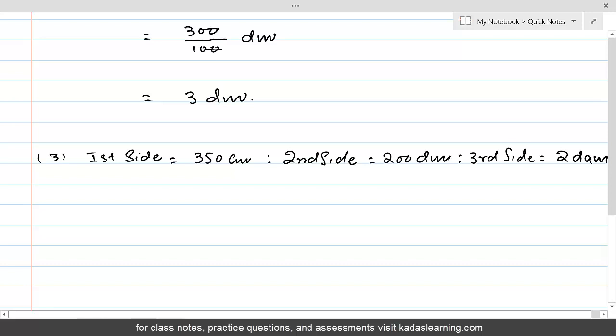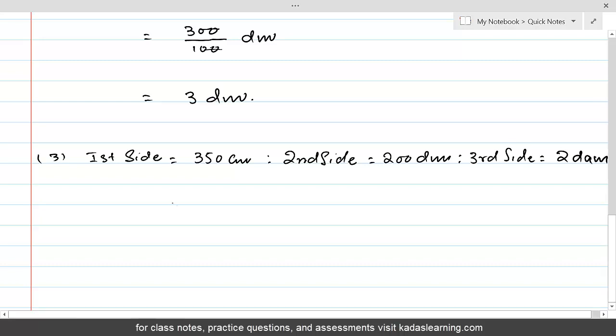Now, before we calculate the perimeter, we first need to convert all the units into one. And because our answer is required in meters, we had better convert the length of each side of this triangle into meters. For this purpose, keep the table of conversion in front of you.